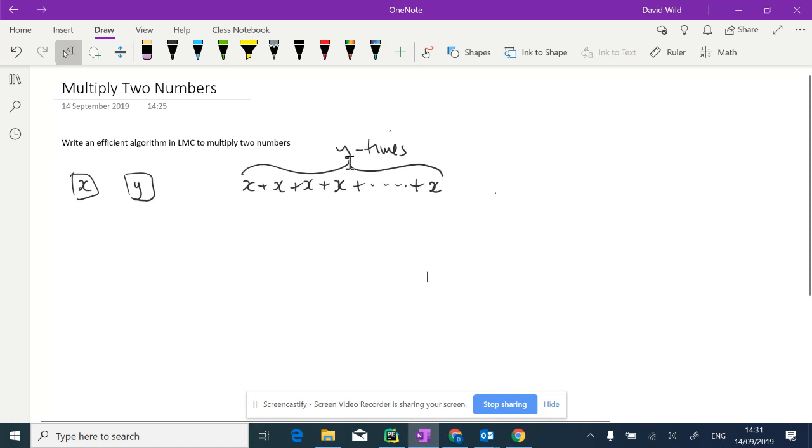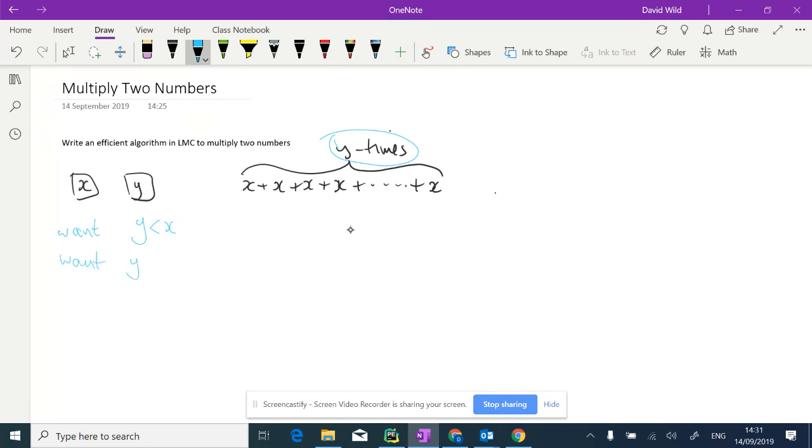In other words, we want y to be less than x. We want to be adding this as few times as possible, this y times. So if we subtract x from both sides, we get y minus x must be less than 0. And therefore, we can say if that's not the case, then we should swap.